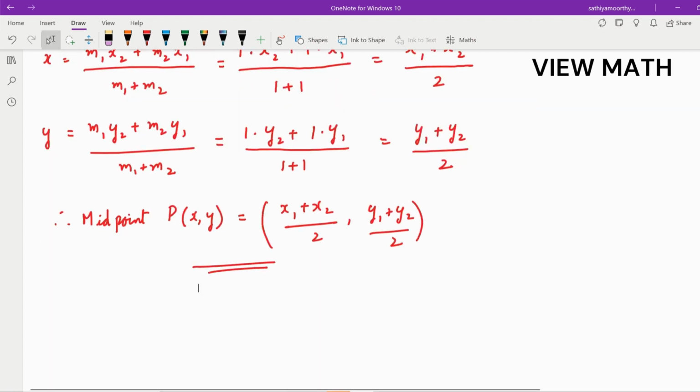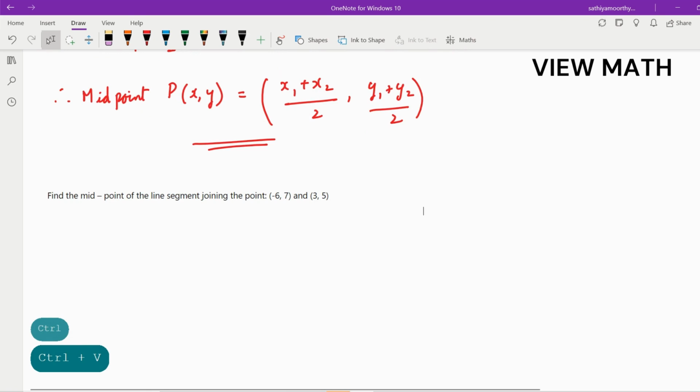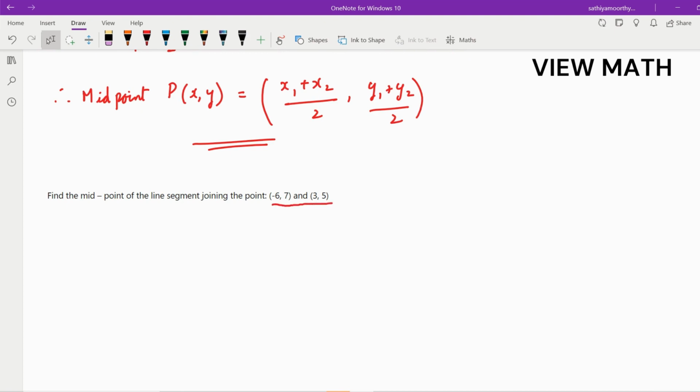Using the midpoint formula, let us do a problem. Here in this first problem, find the midpoint of the line segment joining the points (-6, 7) and (3, 5). So using the midpoint formula, we are going to find the solution.